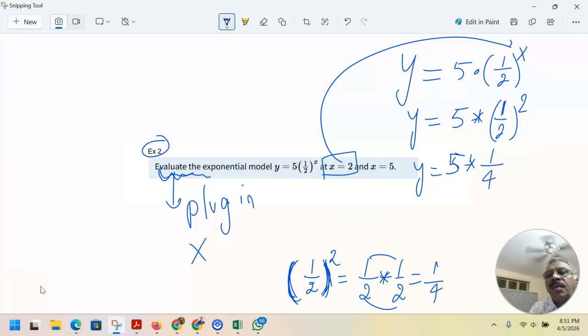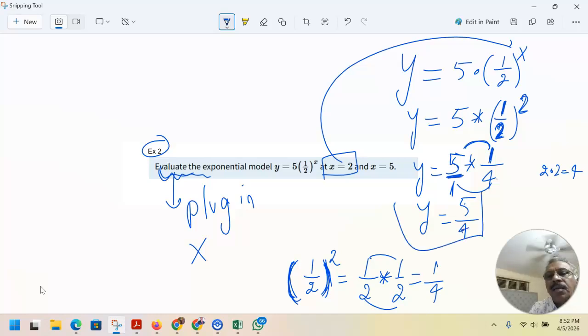Or you could say because there is a 1, this 1 stays 1. All you do is this, the bottom 2. Because there is a 2, you just multiply 2 times 2 is 4. See, that's how you get this. So eventually your answer becomes 5 over 1, and then multiply the numerators: 5 times 1 is 5 and 1 times 4 is 4, and you're done. So this is the answer.